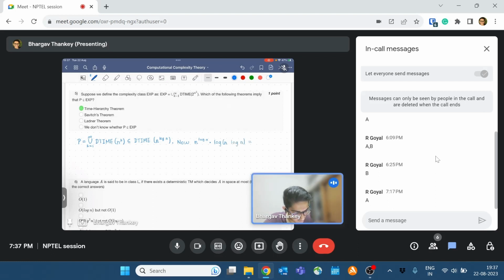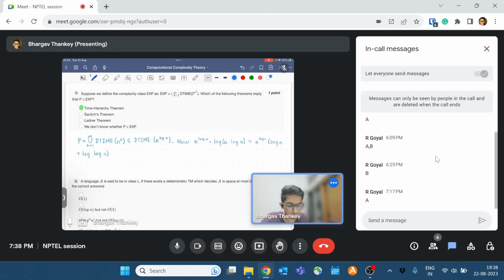So this is the same as n to the log n times log n plus log n, right?